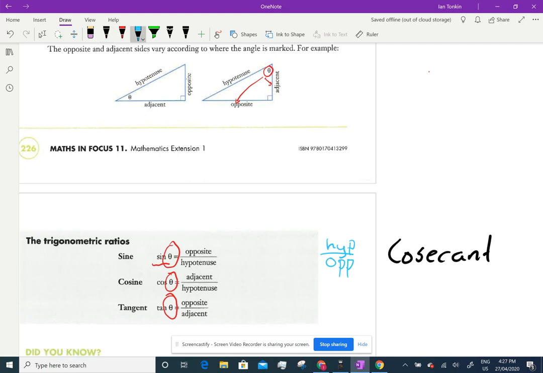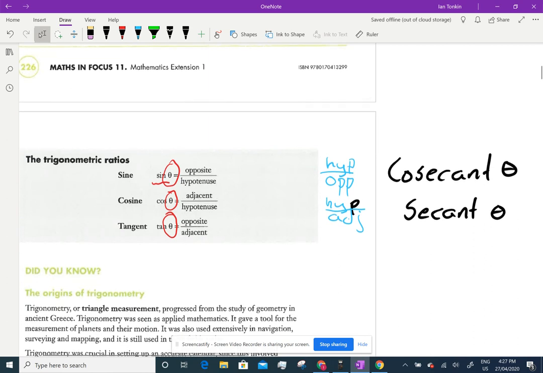And then we have hypotenuse over adjacent, and we call that secant. And adjacent over opposite, which we call cotangent.